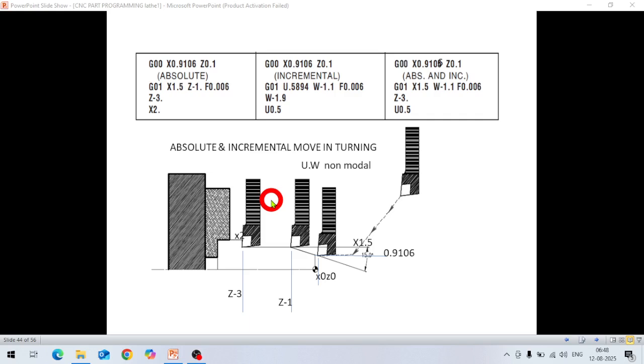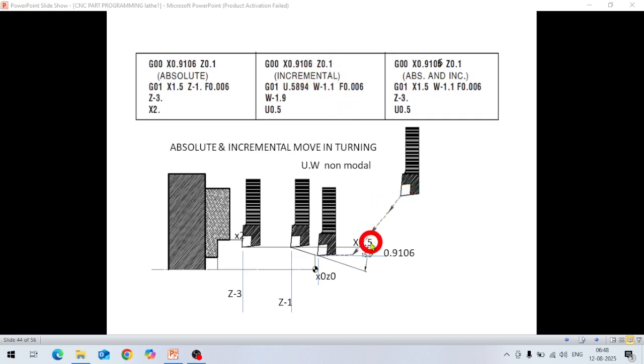Okay. So in the second column, if you see here, this is incremental mode. So how do we have to give the commands in incremental mode? I have explained it here. First, G00, same command, X 0.9106 and Z 0.1.